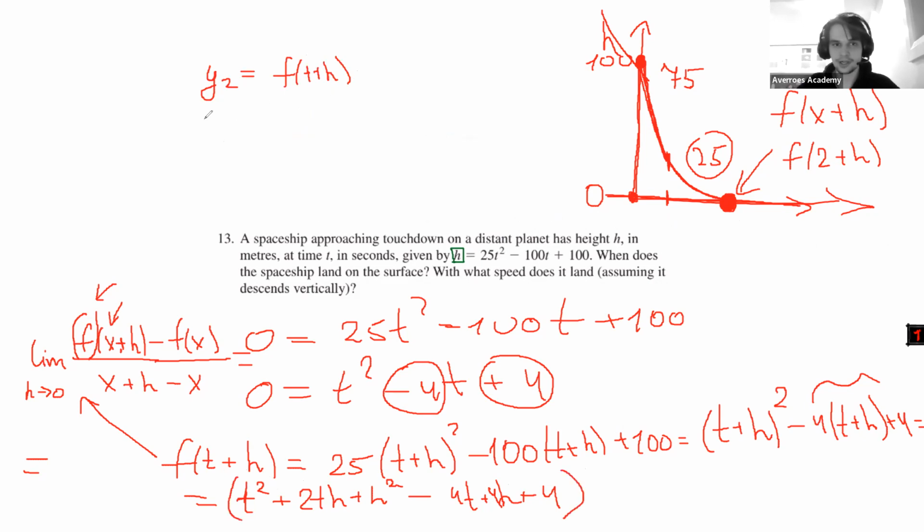Now we're going to write the limit function for h traveling to 0. First we write this second point, because it's the difference, delta y. Let me write it like this: delta y over delta x. Or in our case, you see, we have h and t, so it would be delta h over delta t.